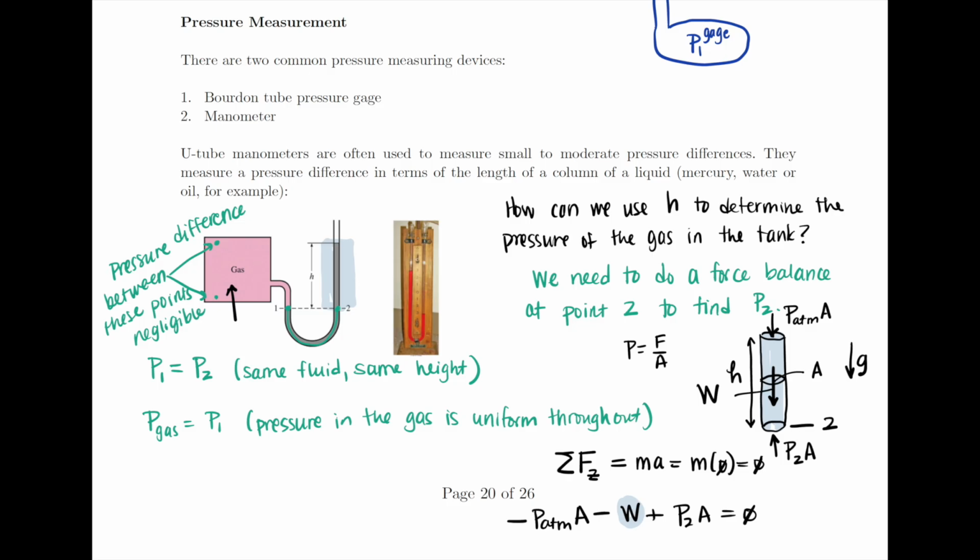Since this is a gas in our tank, the pressure at 1, we're going to assume, is the same as the pressure of the gas in that whole tank. So P gas is equal to P1. We're basically arguing that pressure in the gas is uniform throughout.